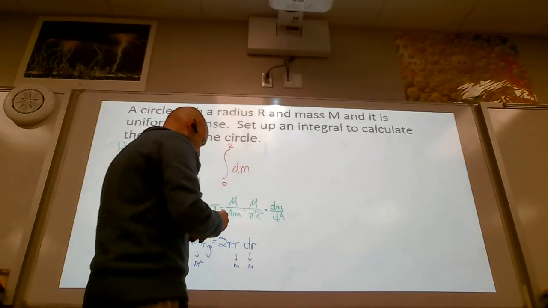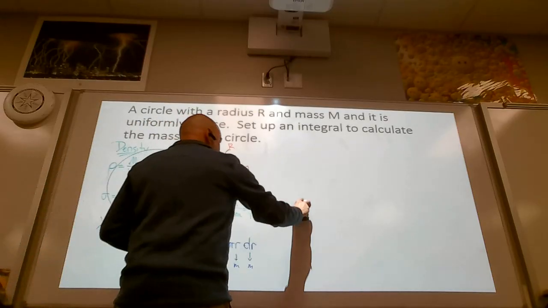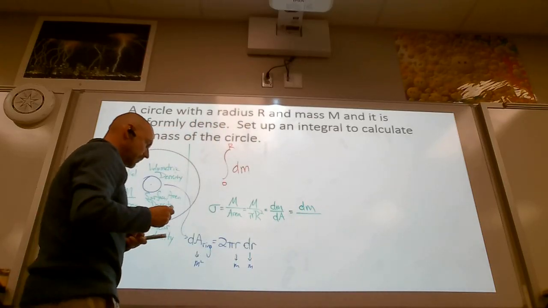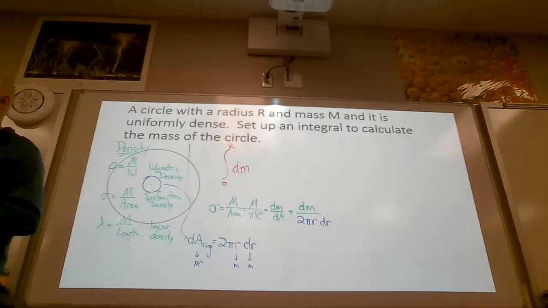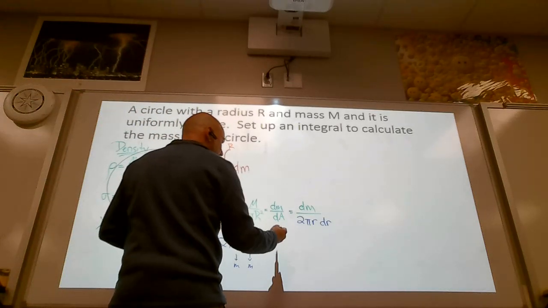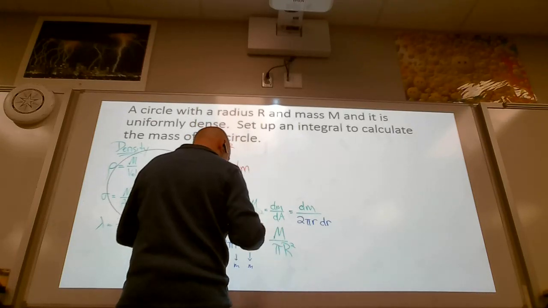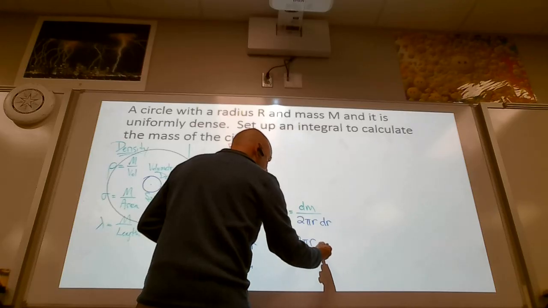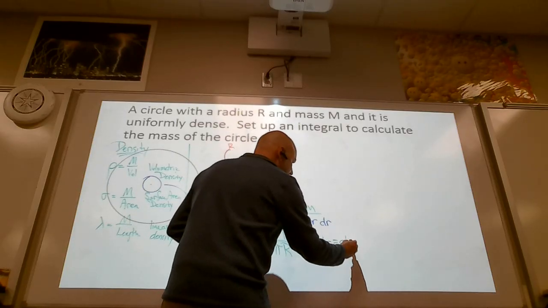So now I can plug this into m over 2 pi r dr, which allows me to find m over 2 pi capital R times 2 pi lowercase r dr equals dm.